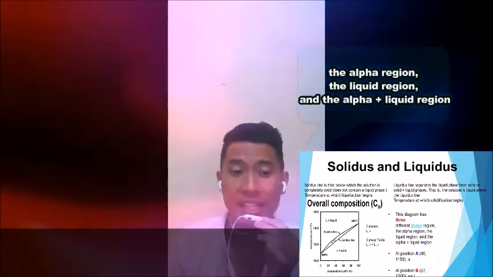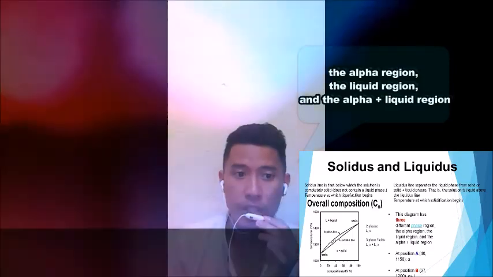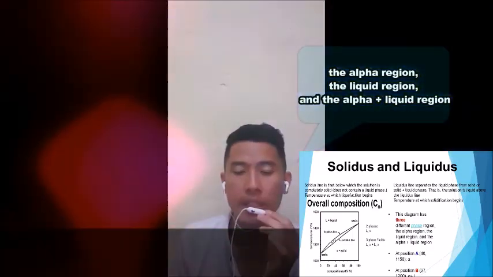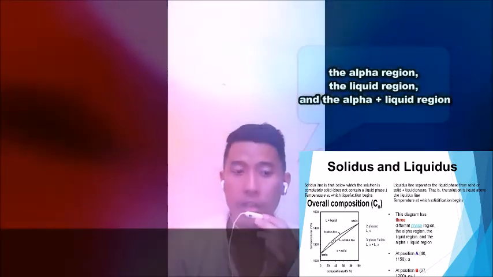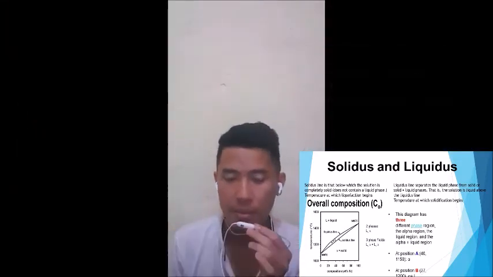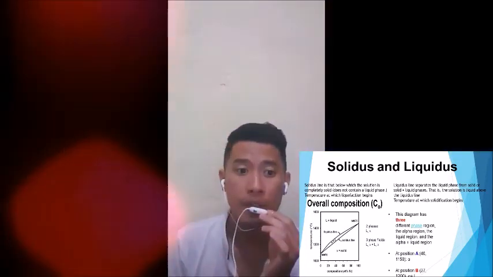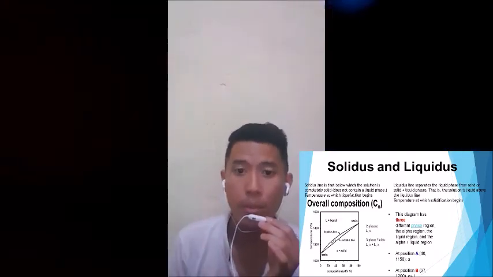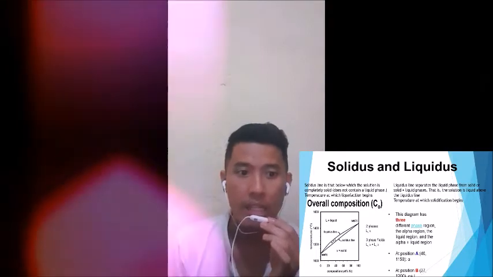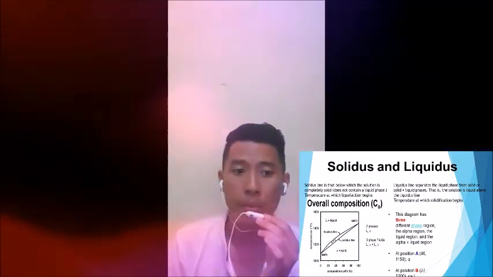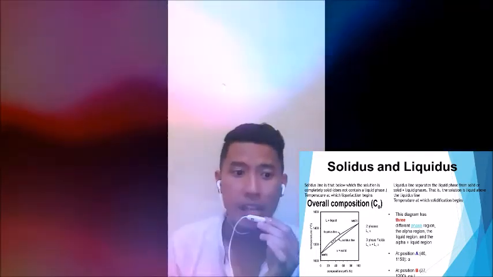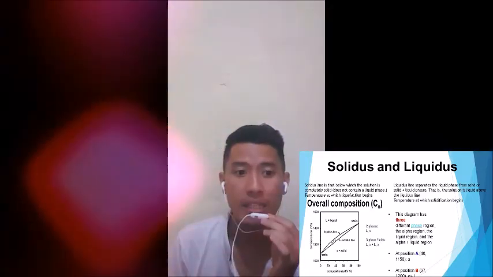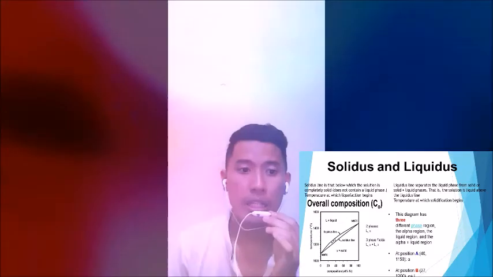This diagram has 3 different phase regions, which are the alpha region, the liquid region, and the alpha plus liquid region. For example, at position A, it is alpha, and at position B, it is alpha plus liquid.